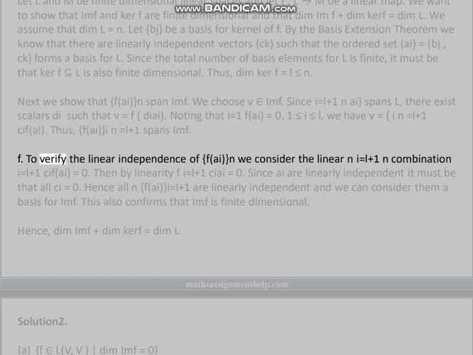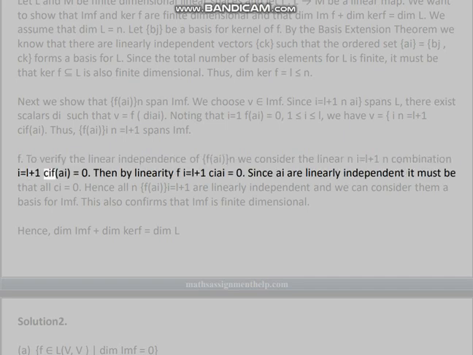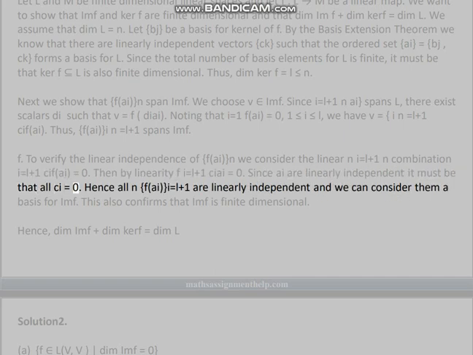To verify the linear independence of F(a_i), i = l+1 to n, we consider the linear combination Σ_{i=l+1}^{n} c_i F(a_i) = 0. Then by linearity F(Σ c_i a_i) = 0. Since a_i are linearly independent, it must be that all c_i = 0.